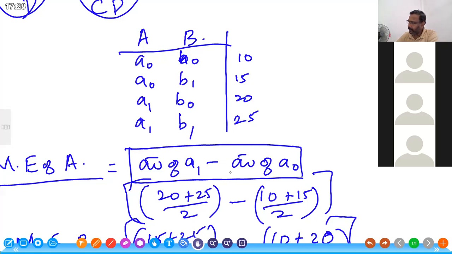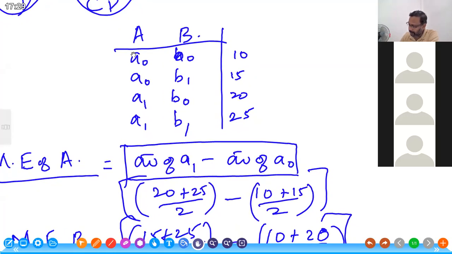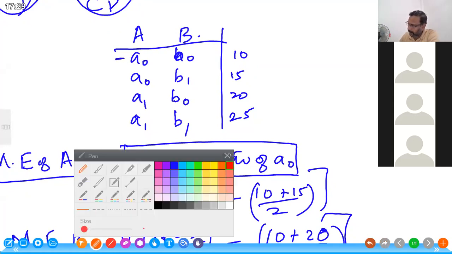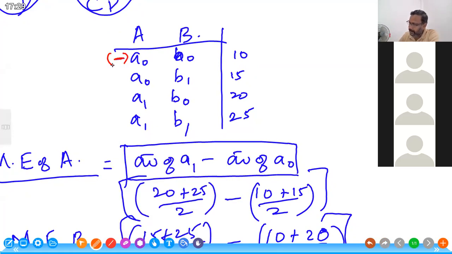Here, when you talk about interaction, we can remember whether each is minus or plus. A naught is minus. B naught is minus. This is plus, this is minus, this is plus, this is minus.